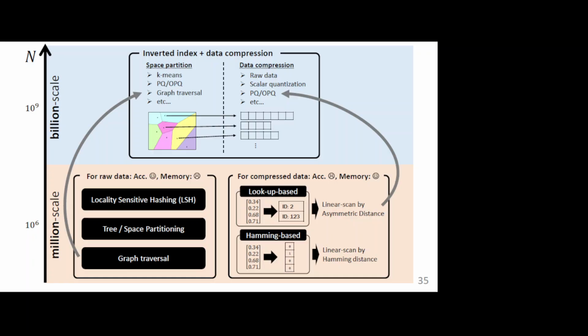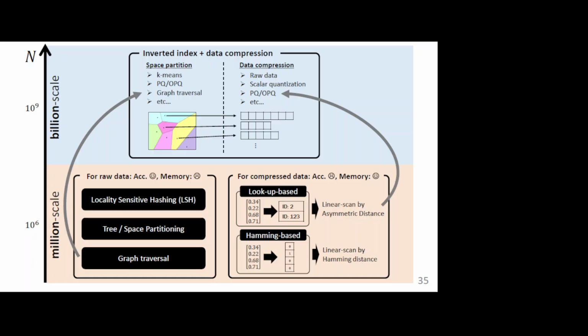In this slide, I just show you the different scales of your vector database. 10 to the 6 is like the medium scale, and 10 to the 9 and above is the billion scale. But in this slide, we will focus on the medium scale. In the medium scale, you can see we generally have two approaches.